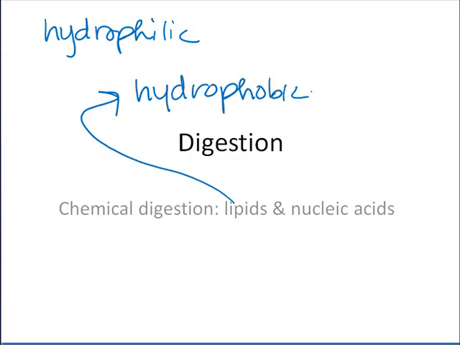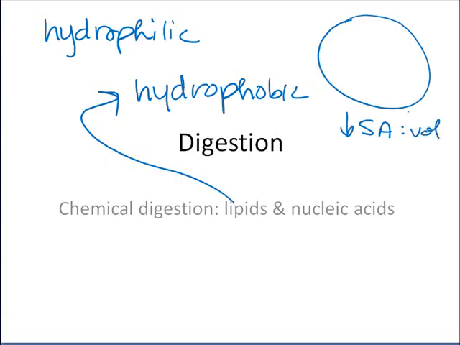This creates a problem, because now I'm going to have fat globules in my chyme. And fat globules are going to have very little surface area compared to their volume. That's going to slow down tremendously the rate at which I can chemically digest those lipids.